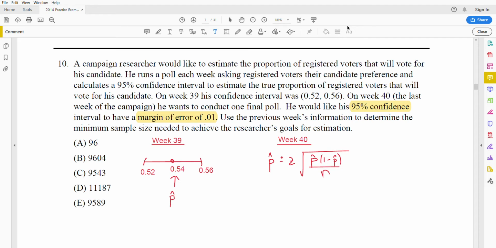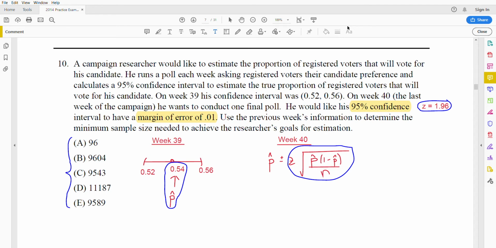You can look it up in table A or table B, but this is one that you should probably know by heart. It's 1.96. The piece of the formula that I circled is the margin of error. And so we know what z-score to plug in.